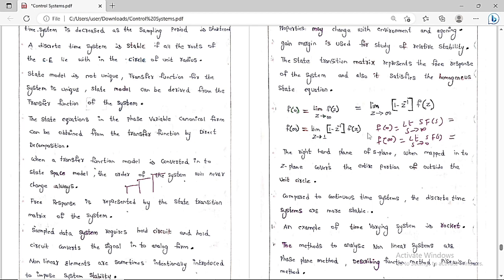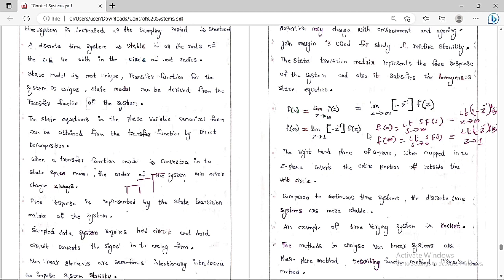But if you want it in terms of the discrete time system, replace s by z. In place of s, you keep 1 minus z to the power of minus 1 into F(z). Here also, the same thing: 1 minus z to the power of minus 1 into F(z).